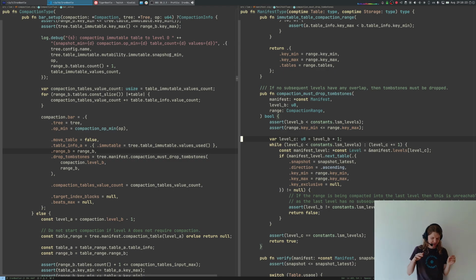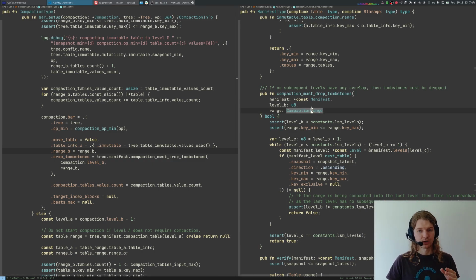But there is an optimization: if you know that no tables below the current level are going to intersect with what you currently have, you could drop the tombstone immediately, because there is no value which could be shadowed by the tombstone. So this is what we do here.